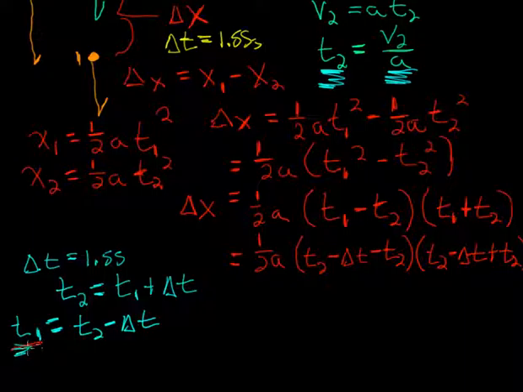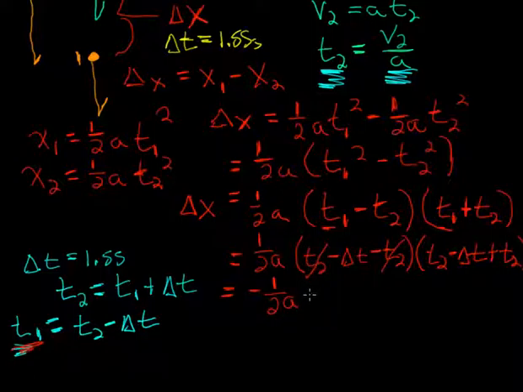So we've taken all this T1 and we've placed it into the T1s here and here. These T2s cancel. I get a negative delta T out front, so I'll pull the negative sign out here, negative 1/2 A. And I get 2 T2 minus delta T.